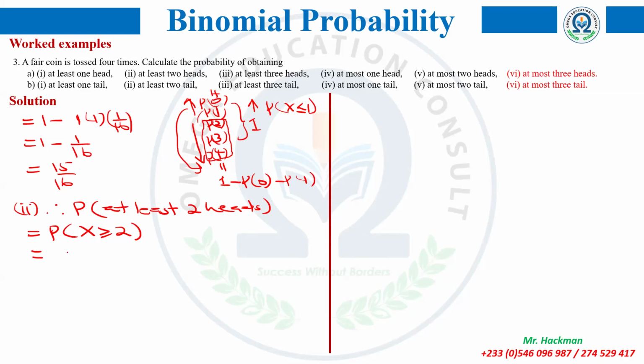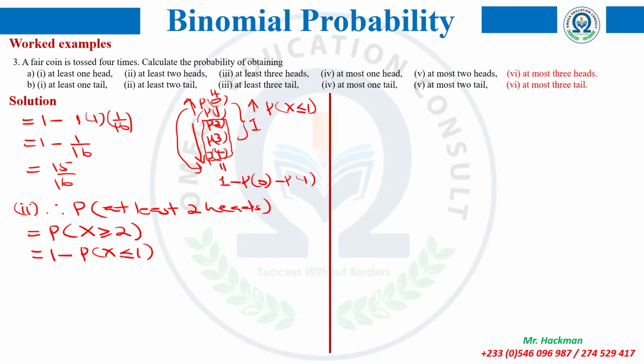As you mature, you don't write it. You can move like the way I moved here. So this is the same as 1 minus the opposite direction, which is Px less than or equal to 1. Or if you want to use 2, then it will be x is really less than 2. You get the point? Yes, sir. Okay, very good.